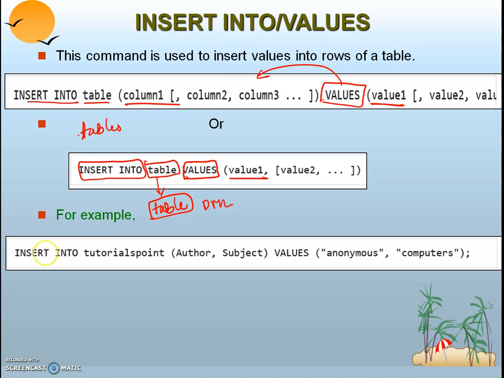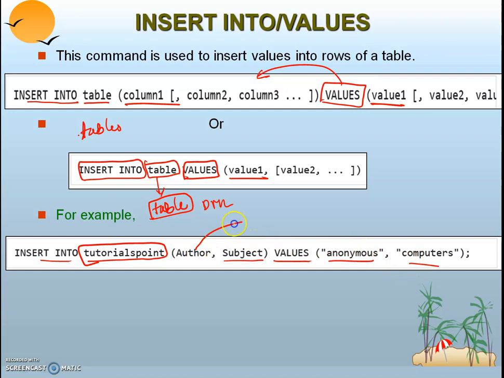The example says insert into tutorials. The name of the table is tutorials point, where the column names are author and the next one is subject, and what values are to be inserted. First one is anonymous, and then the second one is computers.